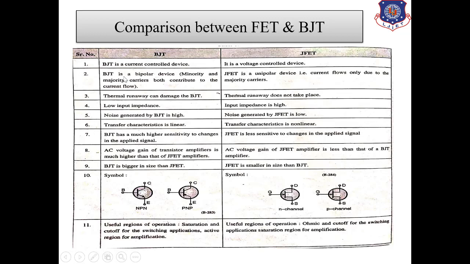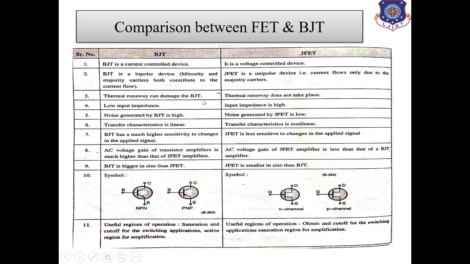Now what is the second difference? BJT is a bipolar device because minority and majority carriers both contribute to the current flow, right? And JFET is a unipolar device. Current flows due to only majority carriers. Third point, listen carefully. Thermal runaway can damage BJT. That means it is highly sensitive with respect to temperature.